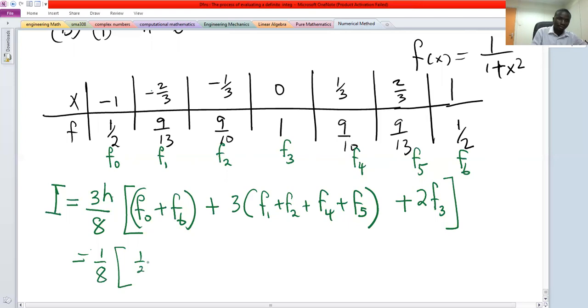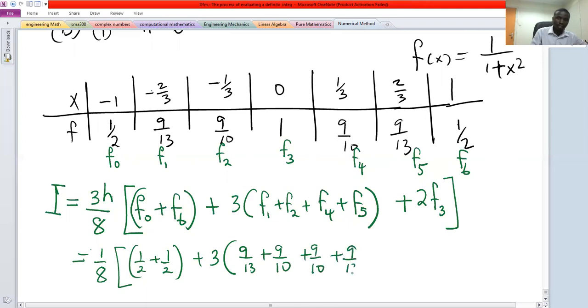So a half plus a half, plus 3 into (9 over 13, 9 over 10, plus 9 over 10, plus 9 over 13), plus twice f3, which is 1.